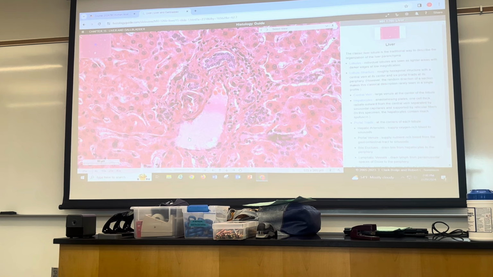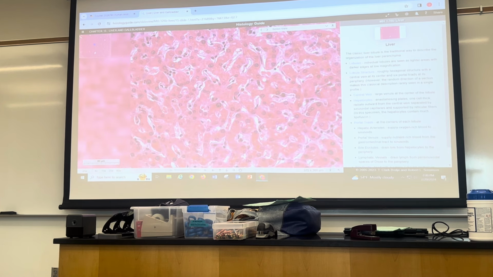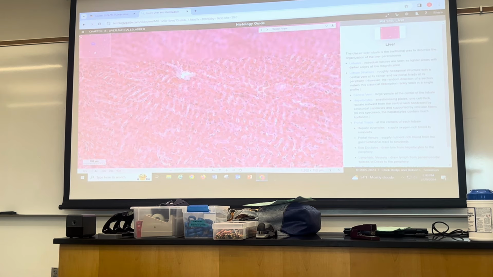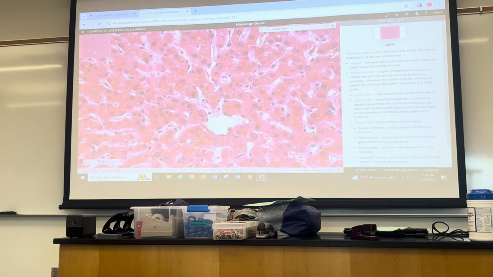So hepatic portal vein and hepatic arteries come in. That blood runs through the sinusoids, gets cleaned up by the hepatocytes and the Kupffer cells, and then goes out the drain, which is the central vein. And then the central vein goes out the hepatic veins to the inferior vena cava.